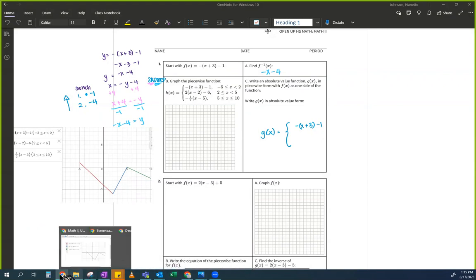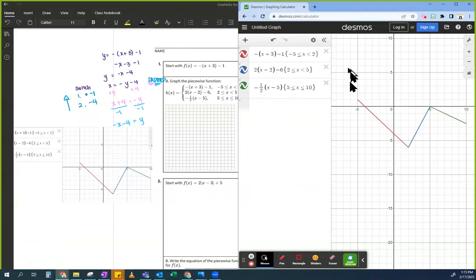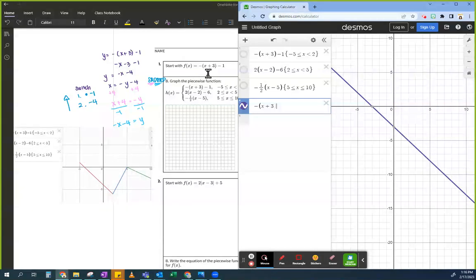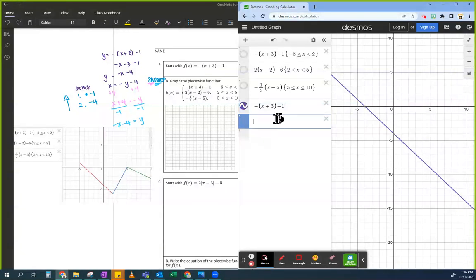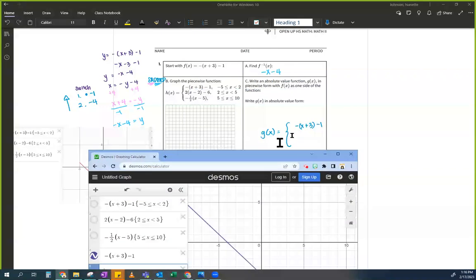Okay, so let me just show you what we're doing. Let me grab my graphing calculator. Okay, so I'm going to turn these off really quick just so you can see what I'm talking about. So I'm going to graph this guy right here. So negative parentheses x plus 3. And one of you got this, like you understood what was happening. You understood that if this is one side of the function, how do you get the other side of the function?